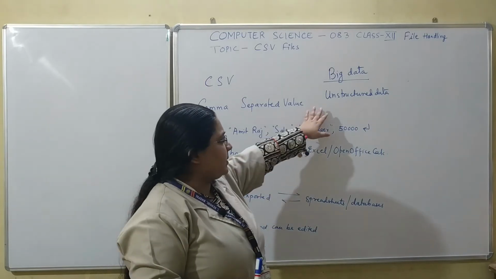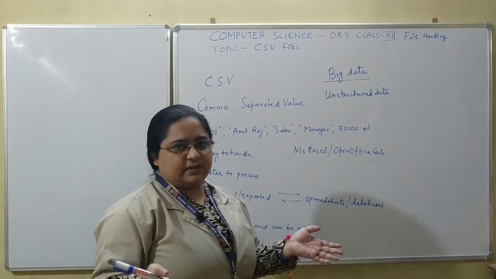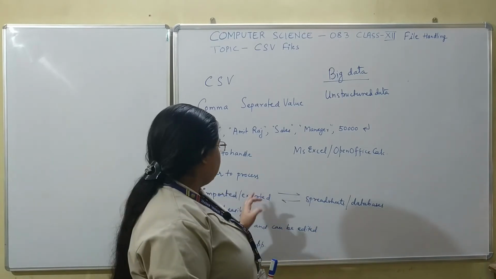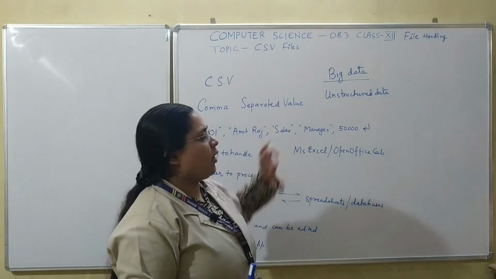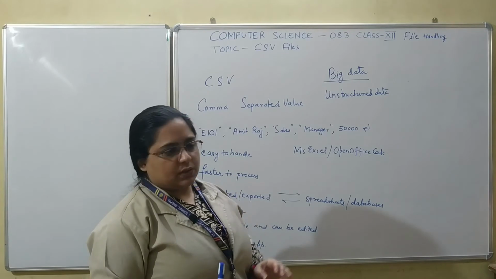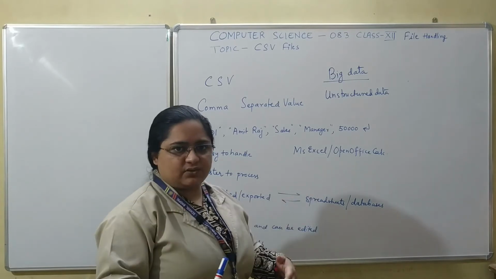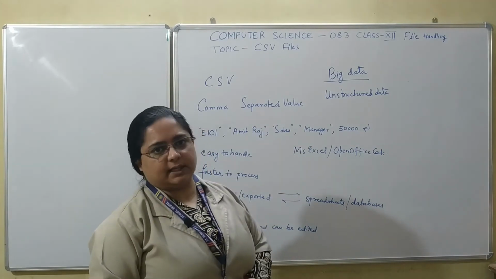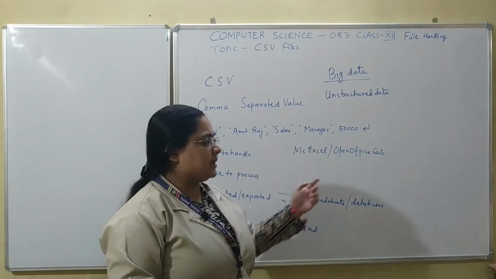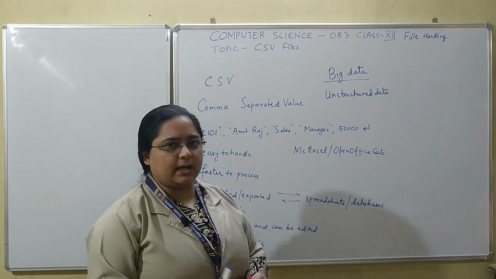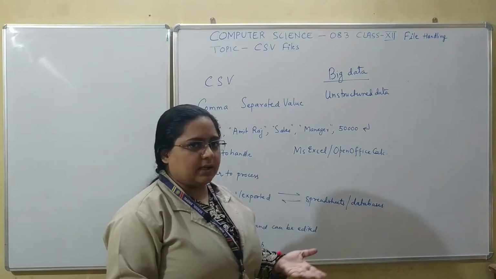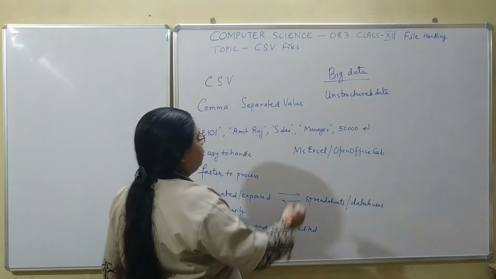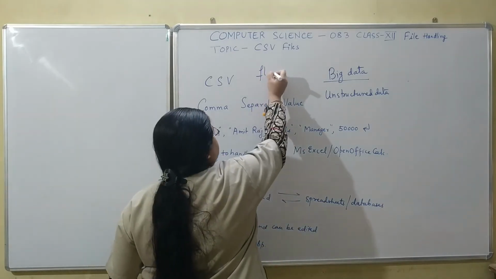Such large amounts of unstructured data could be easily managed with the help of comma separated values. So unstructured data could be given a specific structure using CSV files. That is why CSV files are of great importance in creating programs which are based on flat file systems.